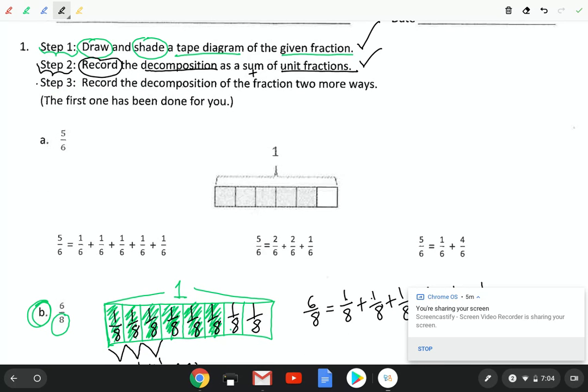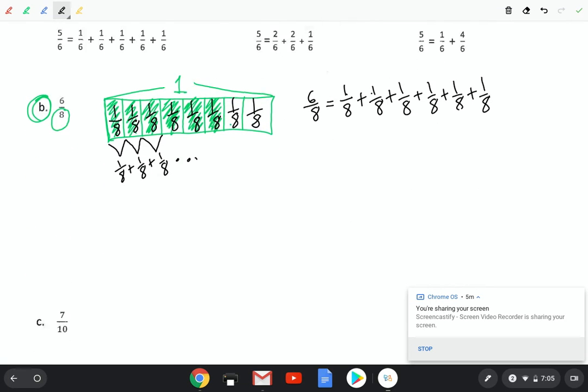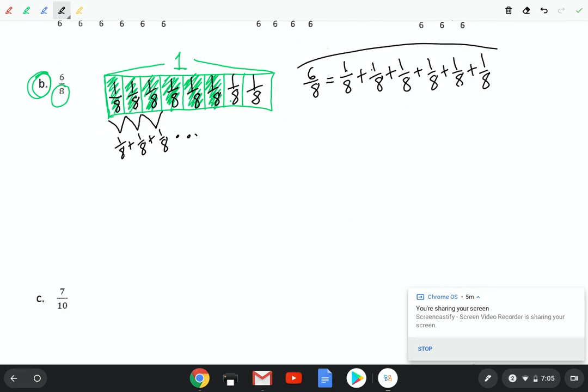Step 3. Step 3 says record or write the decomposition of the fraction in 2 more ways. So basically, it's asking us to do this 2 more times.